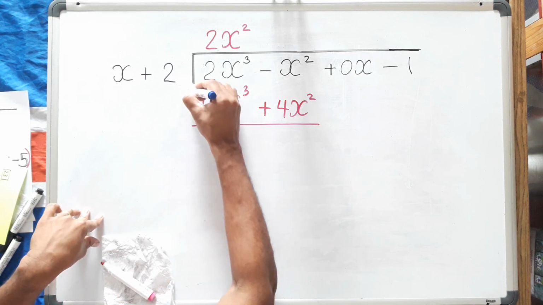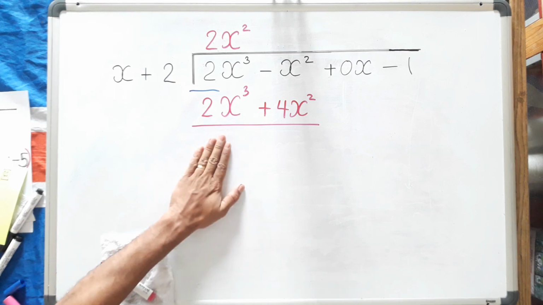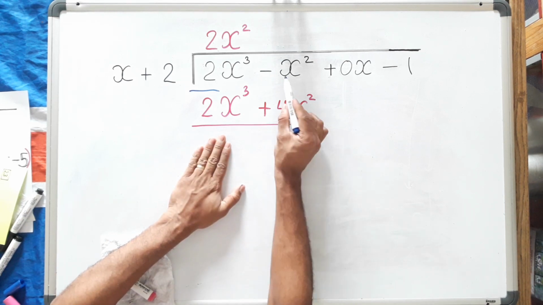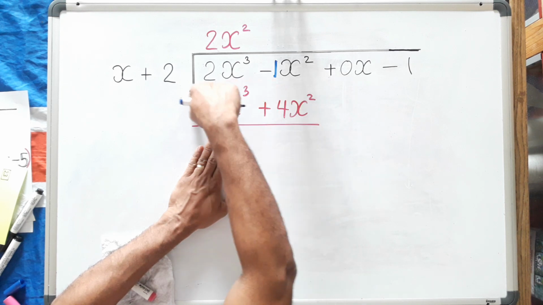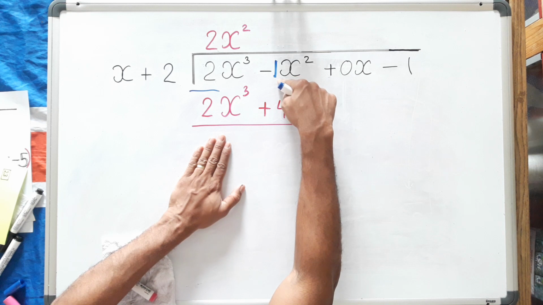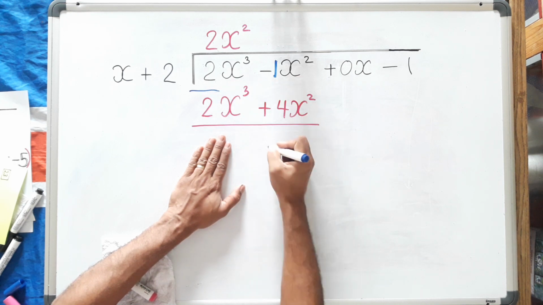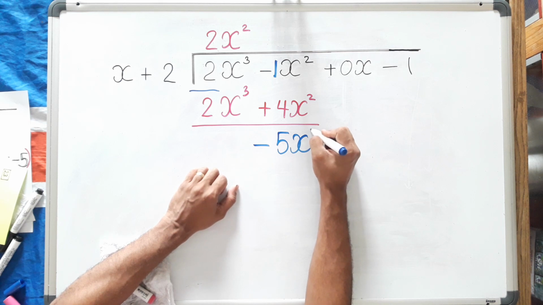Right? Minus both of them. 2x cubed minus our next 2x cubed is 0. Not going to bother to write it. This is really 1. Minus 1x squared minus a positive is a minus. Minus 1 minus 4 is minus 5x squared.